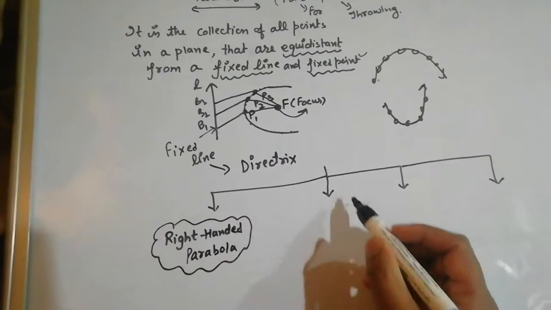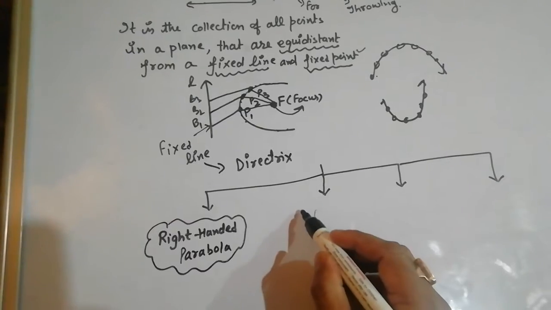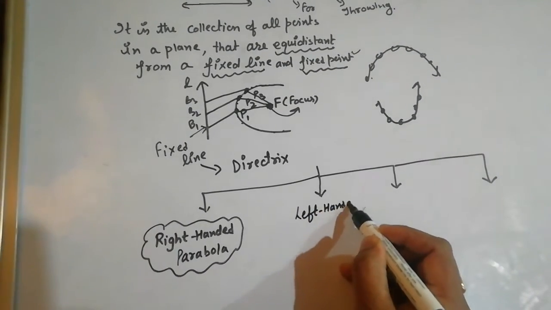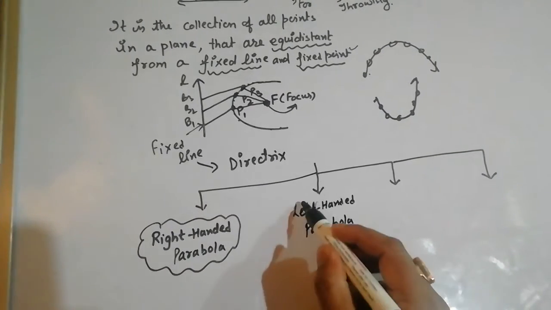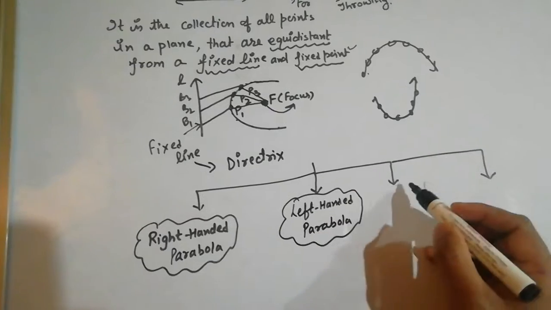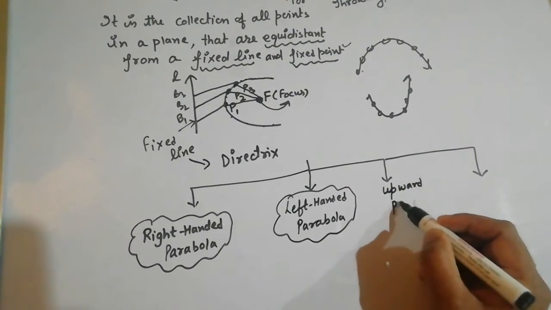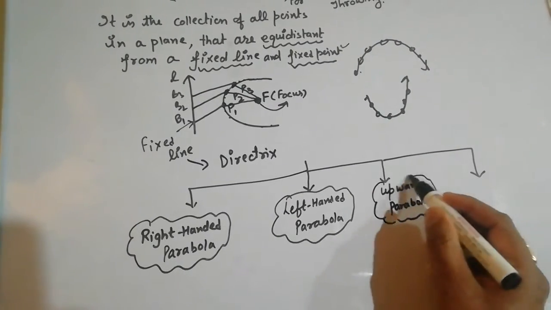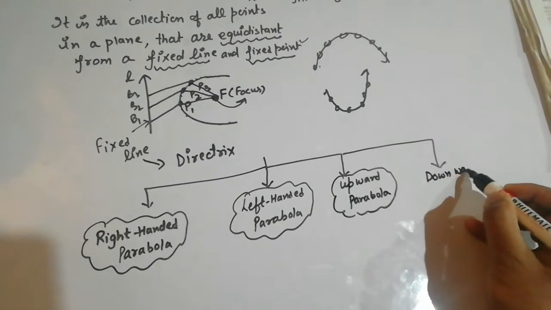Second is the left-handed parabola. This is your upward parabola. This is your downward parabola.